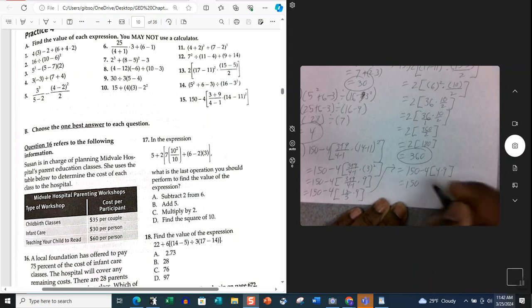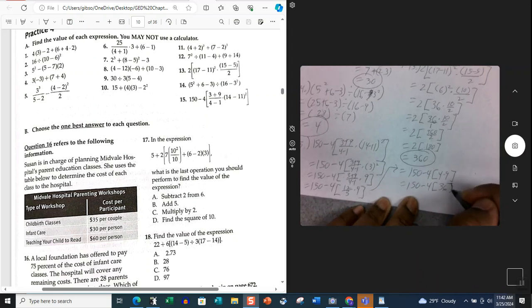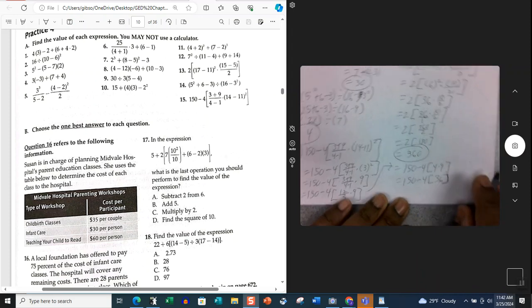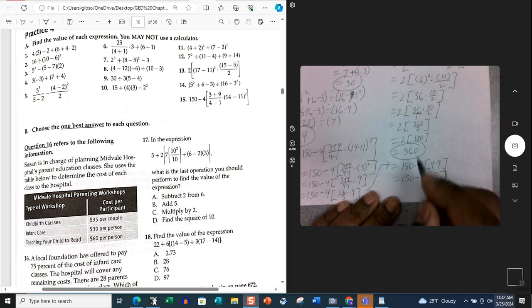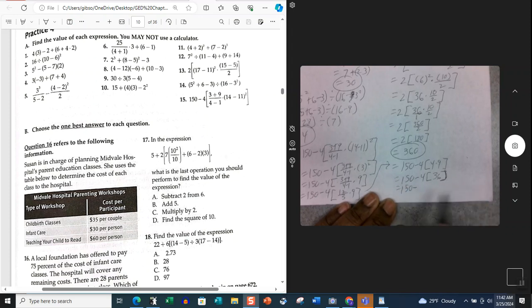So we have 150 minus 4 times 4 times 9 is 36. So now we finally finished inside the bracket. So now all we have is subtraction and multiplication. So we would do multiplication first. So we have 150 minus 4 times 36 is 144.